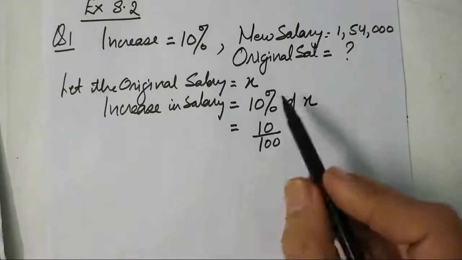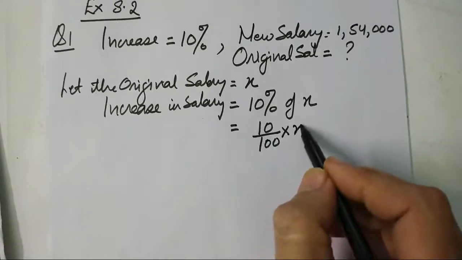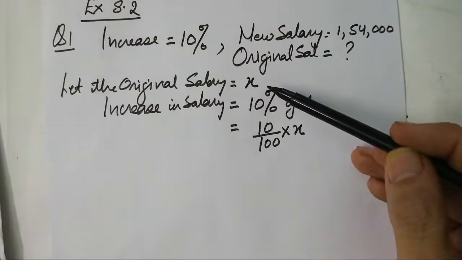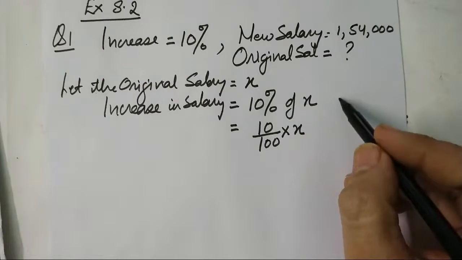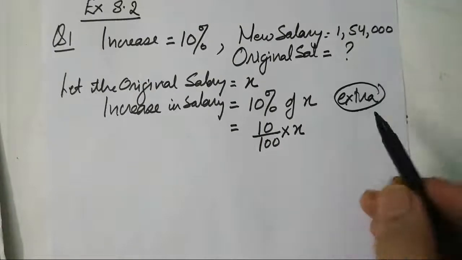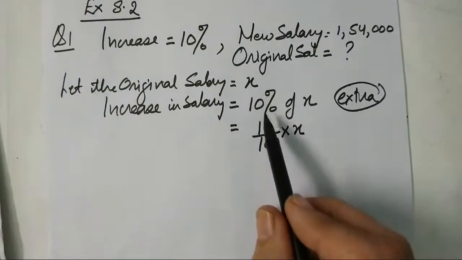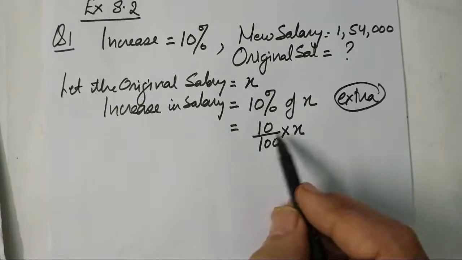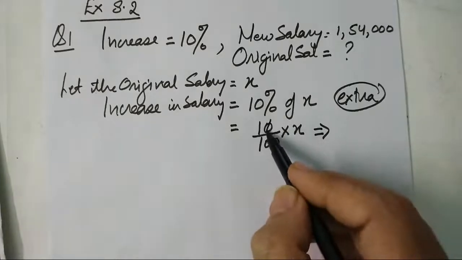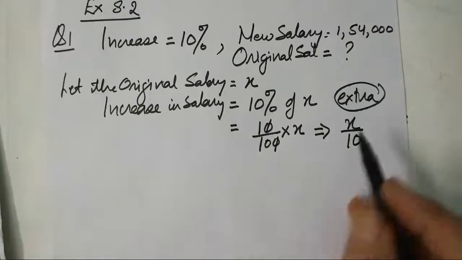When there is a number with a percent sign, it means it will be upon 100 and multiplied by X. So he was getting X, now he has got 10% extra. So this extra will be added to his previous salary. Now how much is the extra money? 10% of X, which is 10x upon 100, which becomes X upon 10. This is the extra money.